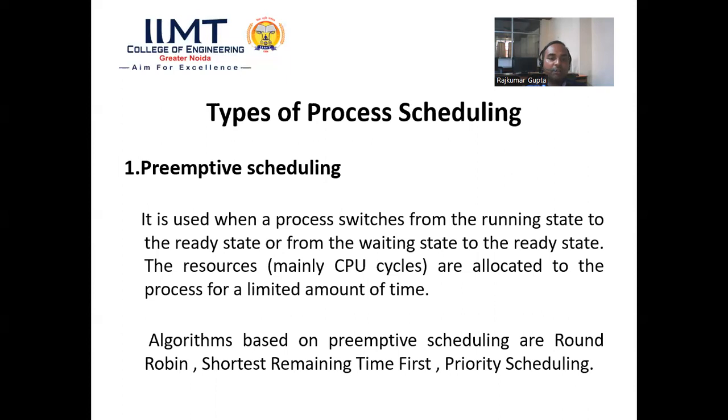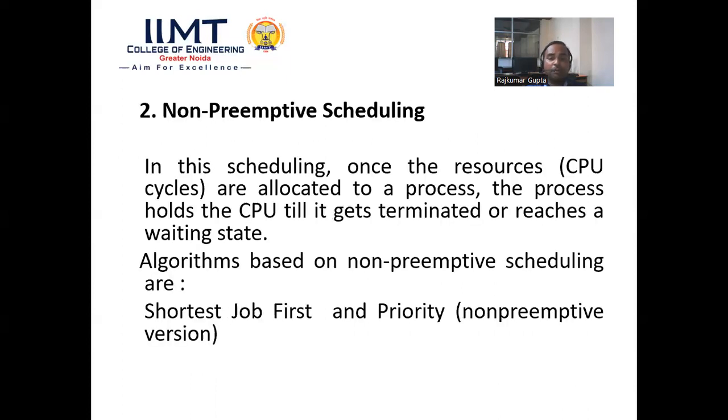Next scheduling is non-preemptive scheduling. Non-preemptive scheduling is totally the opposite of preemptive scheduling. If process number 1 is holding the CPU for its execution, it will not release the CPU until it completes its execution.